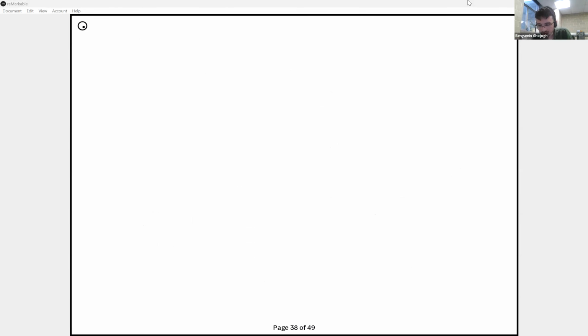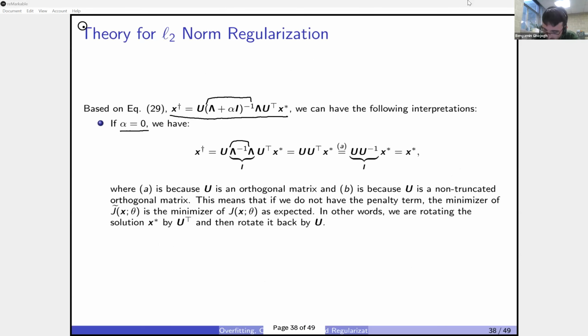By the way, I want to briefly mention one note from linear algebra, because I think it will be useful for you to know. A inverse A is the identity matrix.